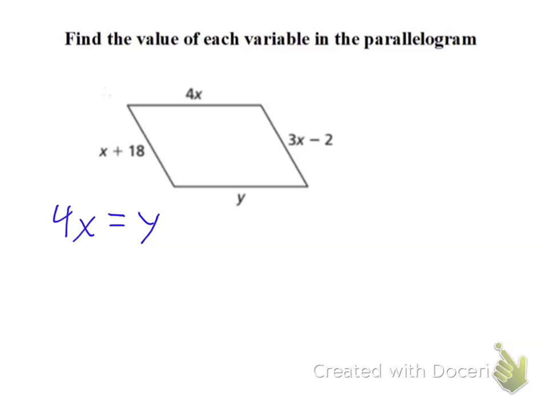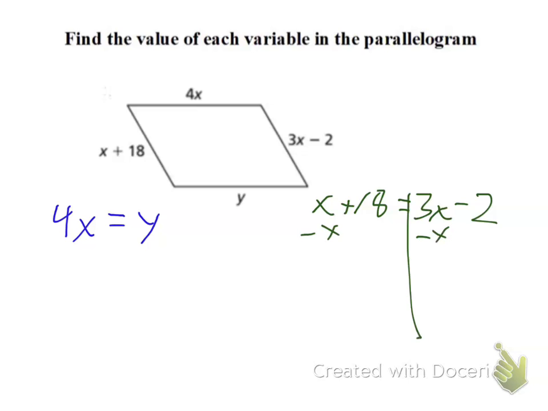Let's look at the other two sides. So we have x plus 18 equals 3x minus 2. All right, that we can solve because we only have the one variable, just the x. So let's get all of our x's on the same side. So it's minus x there, minus x there. Okay, so over here we have 18.